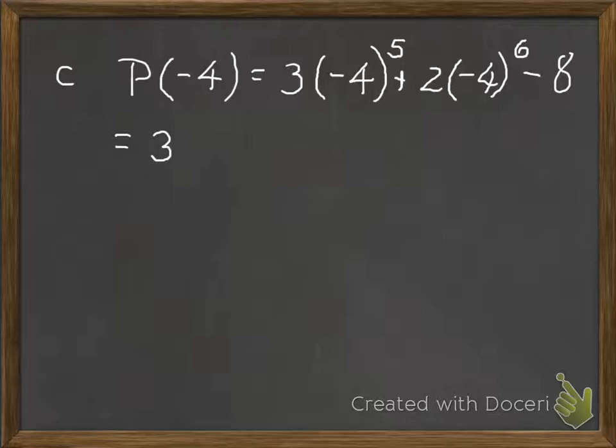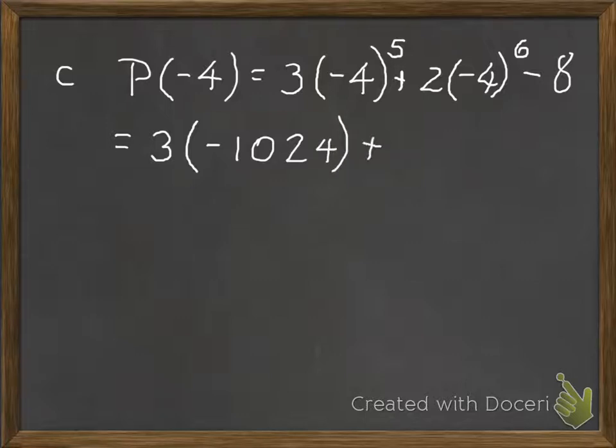So it's just a matter of knowing what 4 to the power of 5 is. You can do that on your calculator, or you can go 4 times 4 times 4 times 4 times 4. I have 3 times minus 4 to the power of 5 is negative 1024.